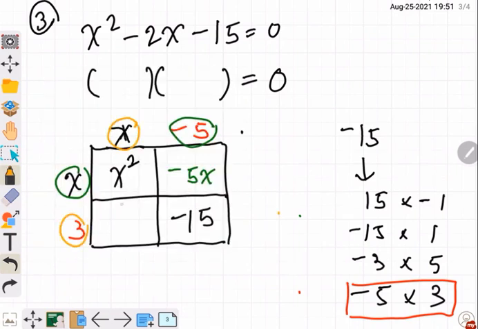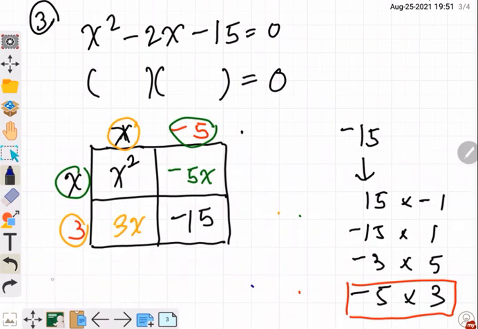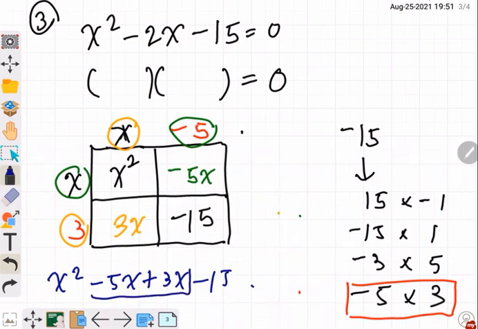We're going to multiply that, we'll get positive 3x. Then if we combine the expressions, that becomes x squared minus 5x plus 3x and minus 15. As you can see, this becomes minus 2x.